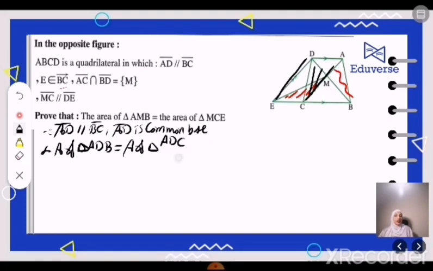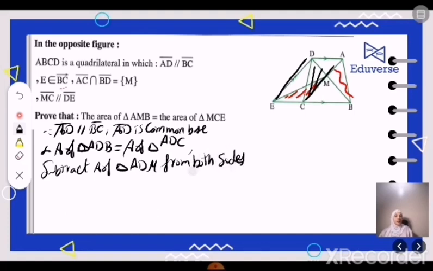And if the two areas are equal, I can just subtract the area of triangle ADM from both sides. Then we will say that area of triangle AMB equals area of triangle DMC. And this is number one.